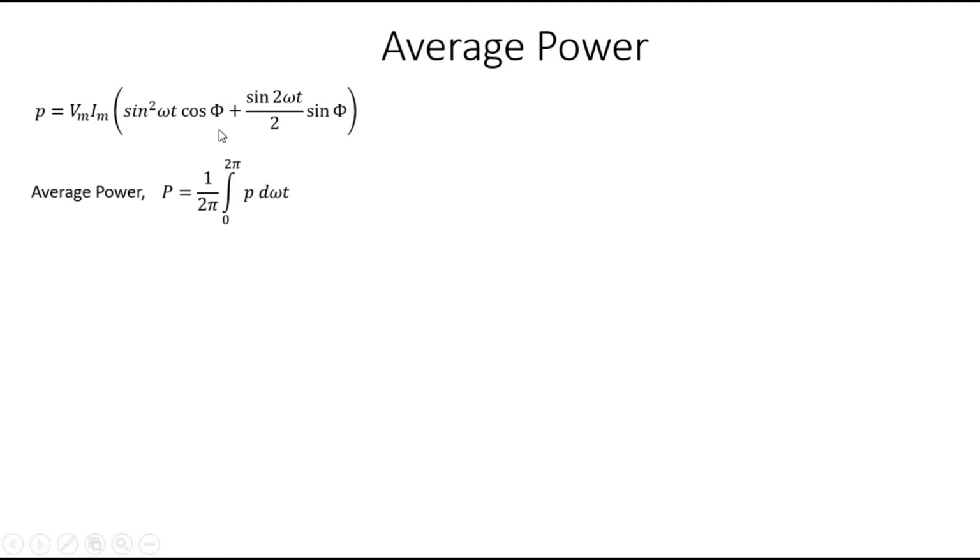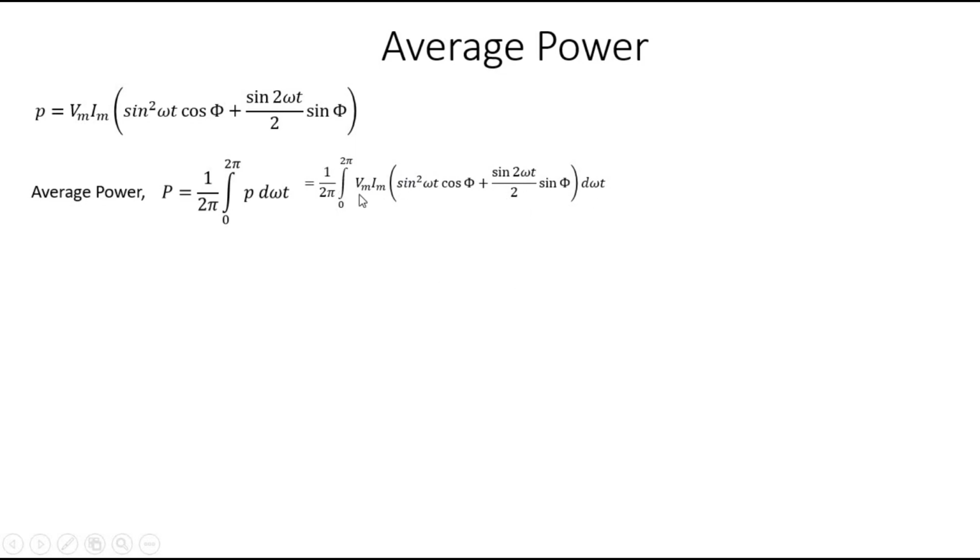We integrate the instantaneous power P over a time period. The sine wave has a time period 0 to 2 pi. So 1 by T, integral 0 to T, is the equation for finding the average. So we can substitute for P: Vm Im [sin square omega t cos phi plus (sin 2 omega t by 2) sin phi].